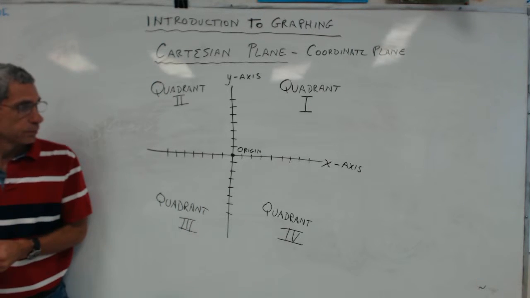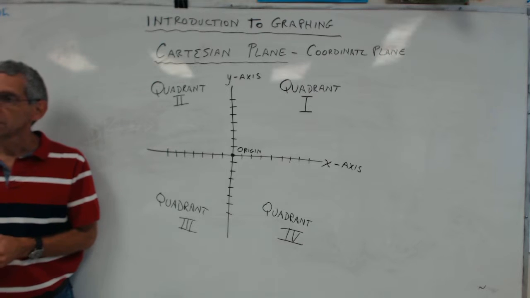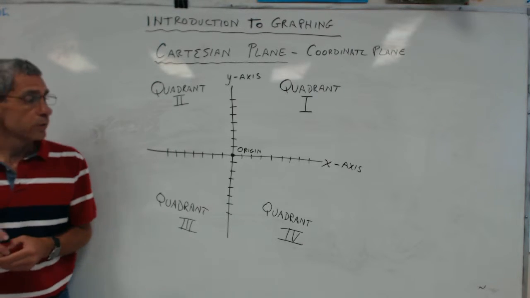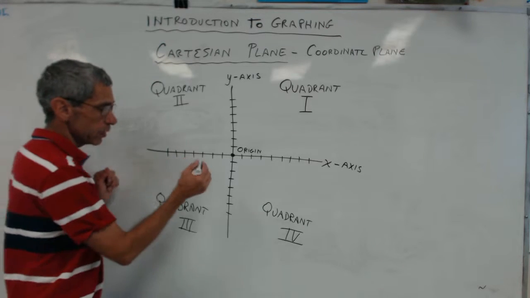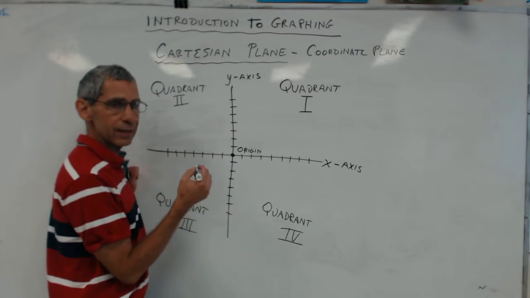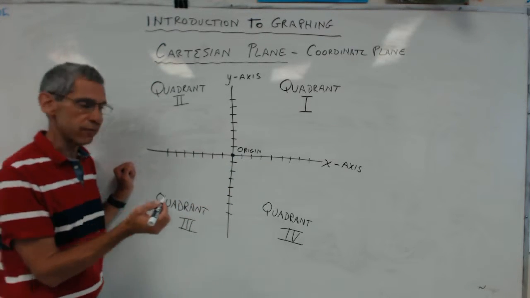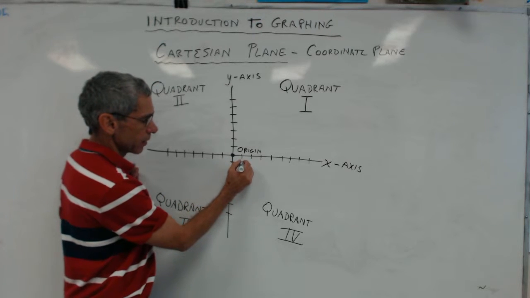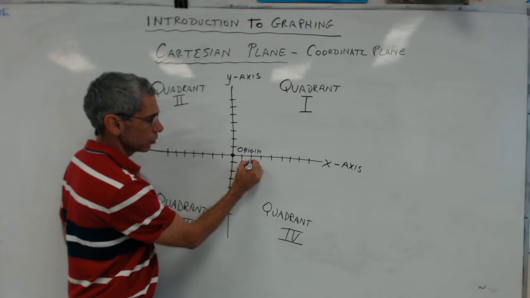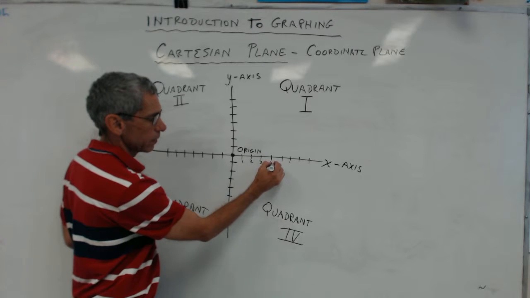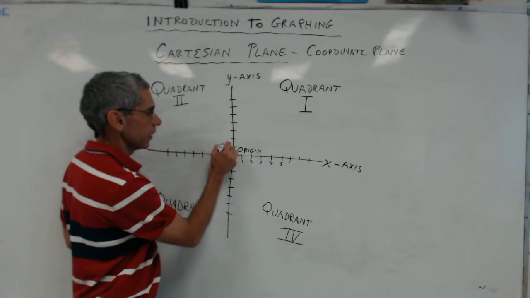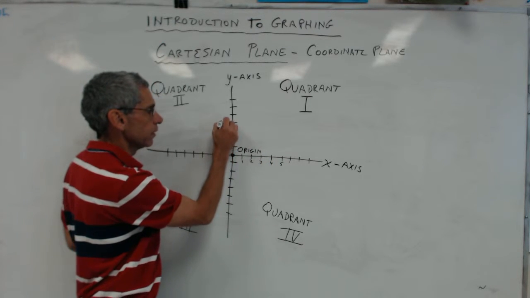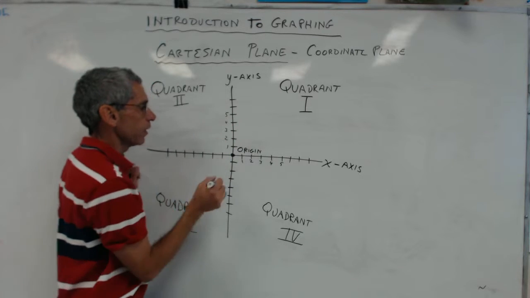And so, yes? Do the numbers on the graph, like the lines, do they range from any number they want? Oh, that's a good question. So typically, in the beginning, when I'm first teaching graphing, I usually go 1, 2, 3, 4, 5, and so forth.